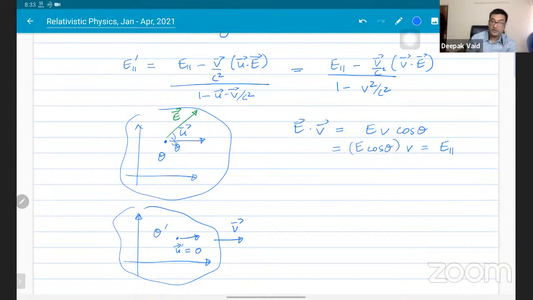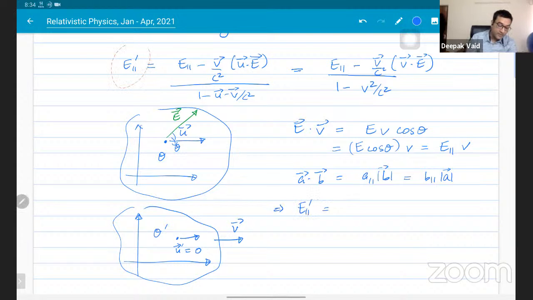It's equal to E parallel. So this is E parallel times V. Right? For any two vectors, A dot B can be written as A parallel times B, or it can be written as B parallel times A. Right? So that's all I'm doing. I'm writing E dot V as E parallel, the component of E along V, times V.